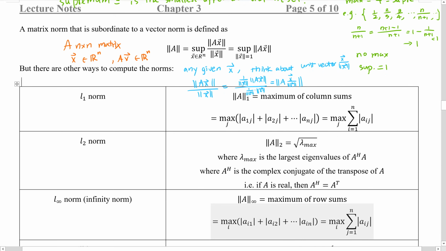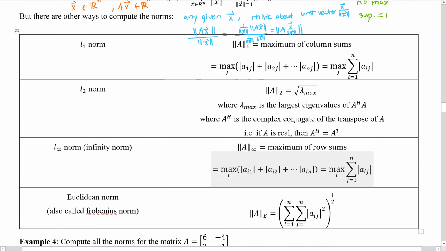Okay, all right. So do you remember vector norm? We have the L1 norm, L2 norm, and the L infinity norm. But for matrix norm, we actually have 4. So we will discuss 4 norms. Okay, first the L1 norm. The L1 norm for a matrix is the maximum of the column sums. What's a column sum?